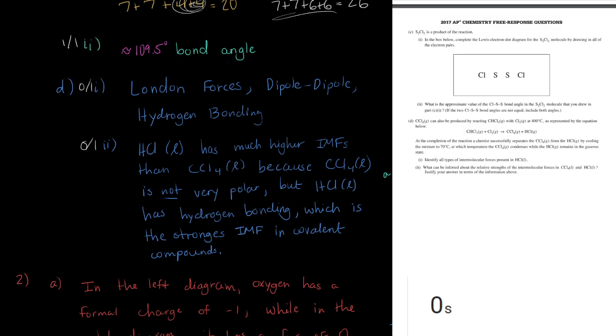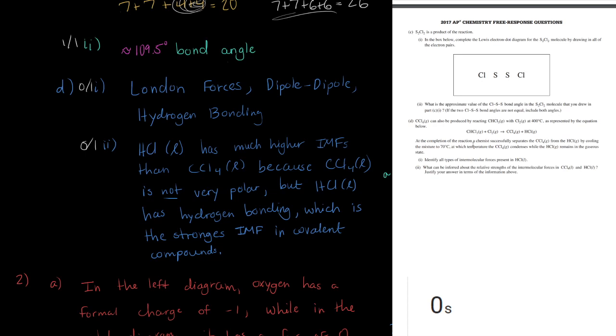If we go back to what this question was even asking, it said identify all types of intermolecular forces in HCl and then what can be inferred about the relative strengths. I was all gung-ho about saying hydrogen bonding therefore must be stronger, but I needed to look at the actual information. The information said that the CCl4 condensed while the HCl remained gaseous.